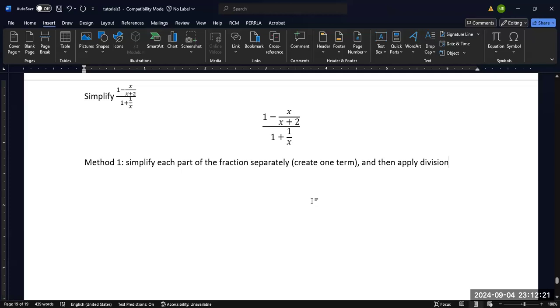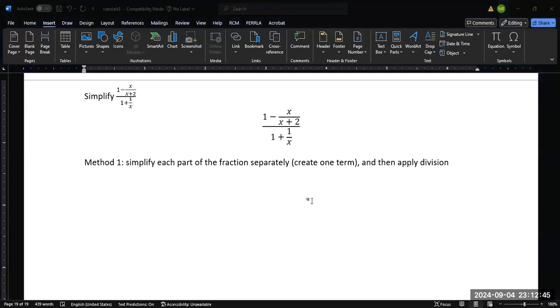That's all a fraction is. So this is a complicated expression that involves multiple divisions. And so you can just simplify each piece separately. And then once they're single fractions in the top and the bottom, then you can go ahead and apply division, multiplied by the reciprocal, and then proceed from there.